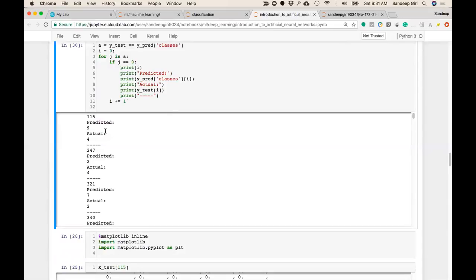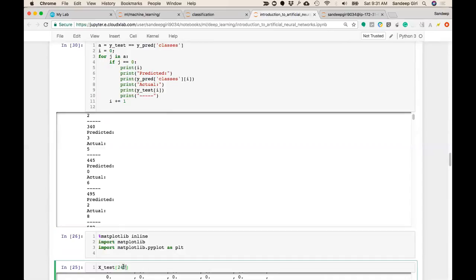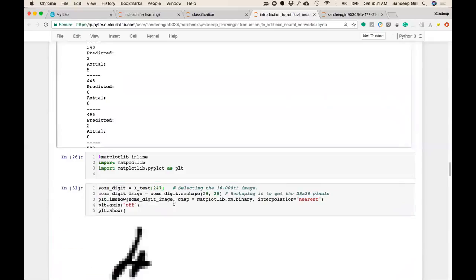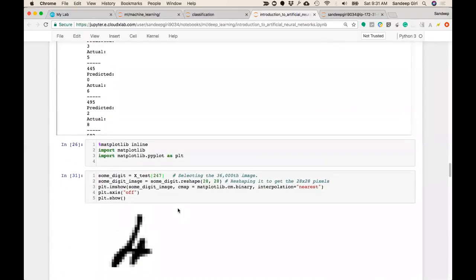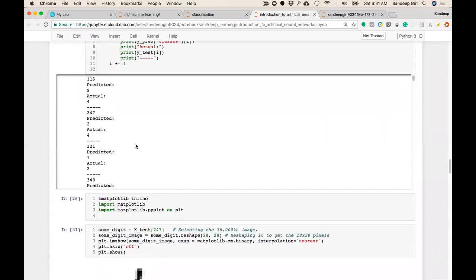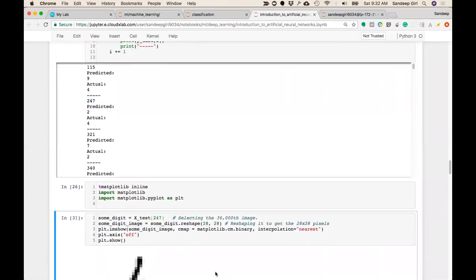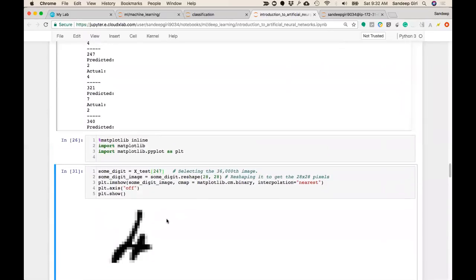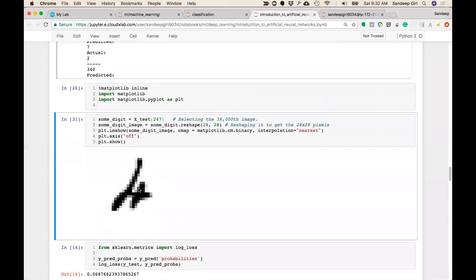So in the second case, the diagram looks like this. In this case, predicted was 2 and actual was 4. For some reason it is predicting this as 2 instead of 4. So you can take a look at this.